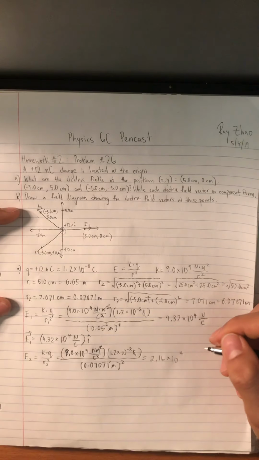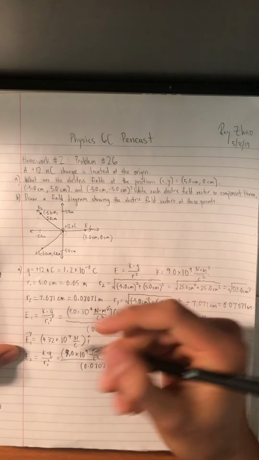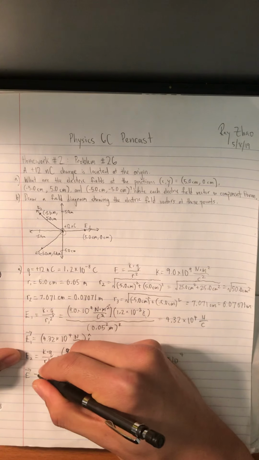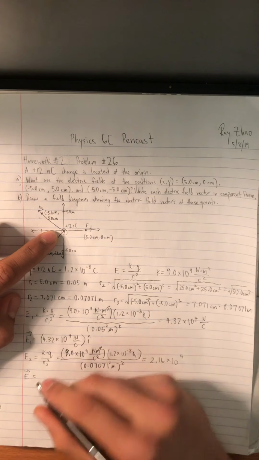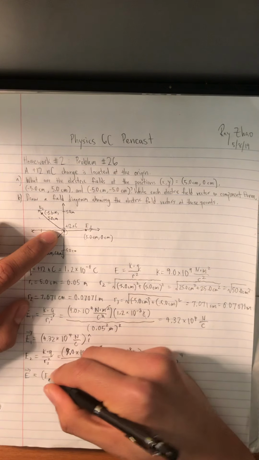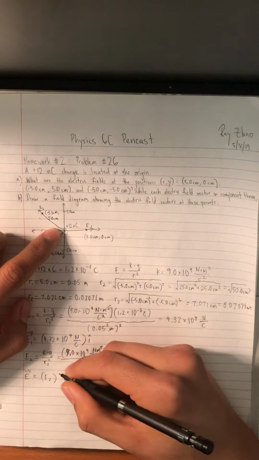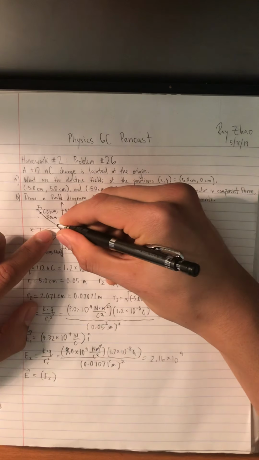Now, to put the second electric field vector into component form, it will be equal to: first, the value in the x direction. It will be negative at an angle of 45 degrees.